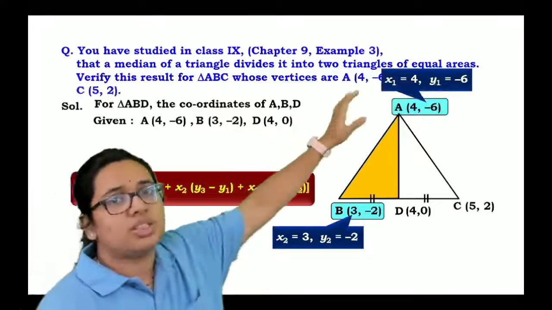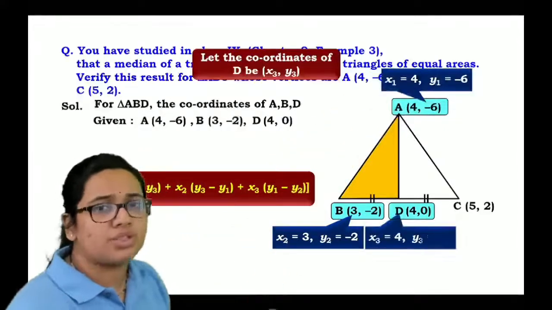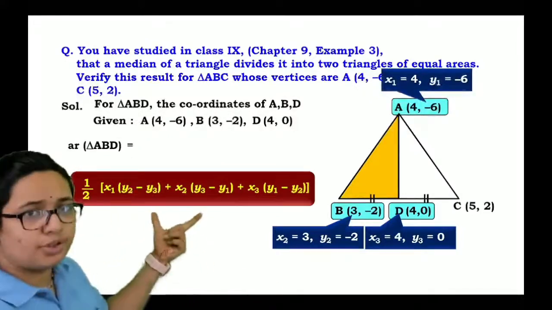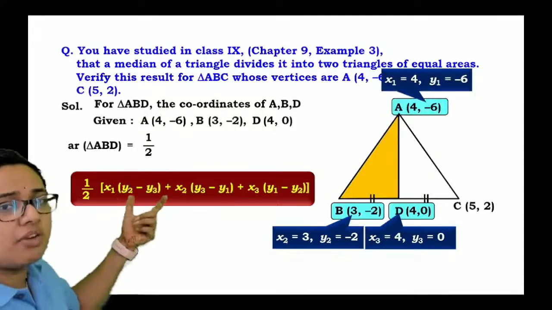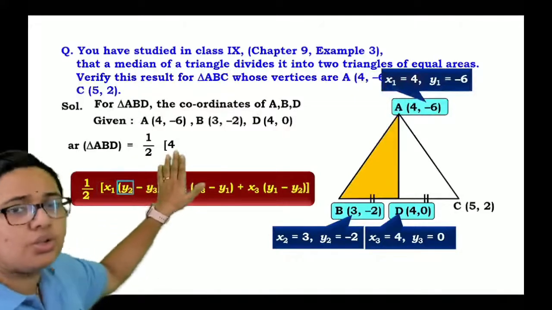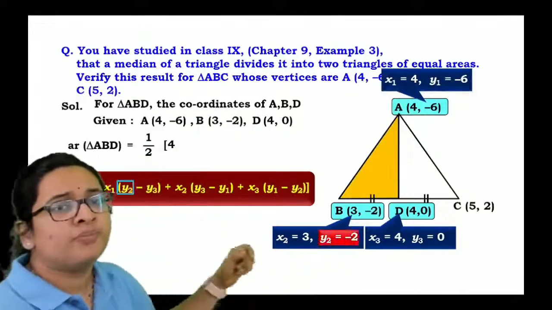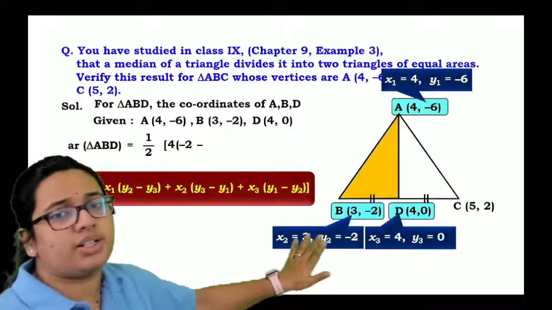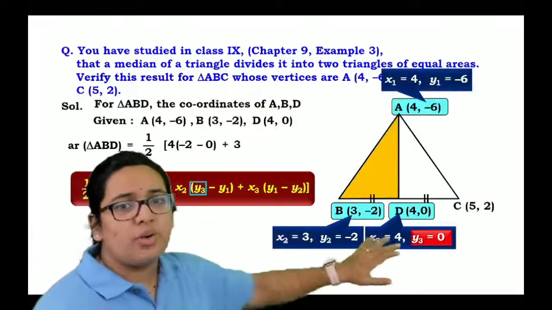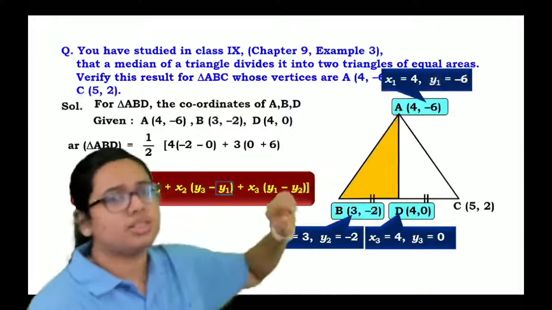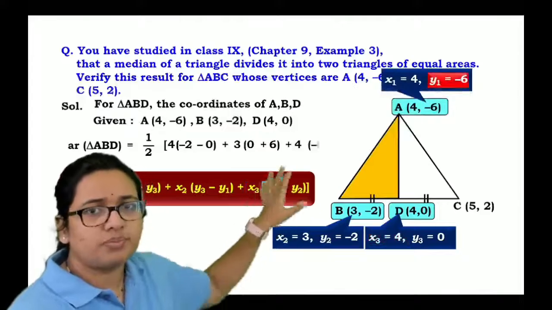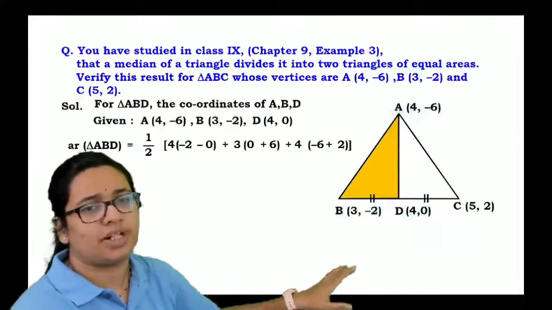So using that, you just have to put the values of x1, x2, x3, y1, y2, y3. We have this formula for the area of the triangle. We just have to put in the respective values. So 1 half into x1 into y2 minus y3, plus x2 into y3 minus y1, so minus of minus 6 is nothing but plus 6, plus x3 into y1 minus y2.